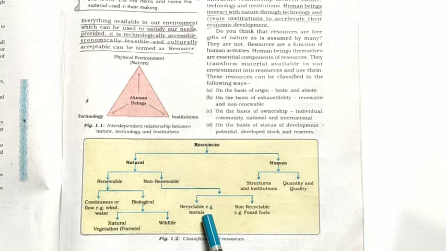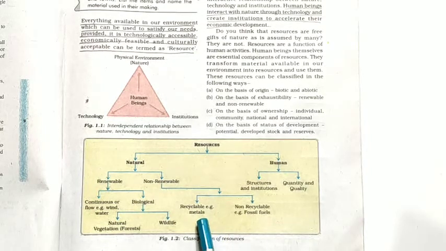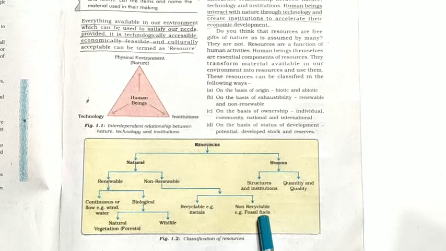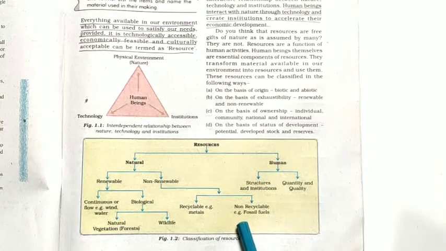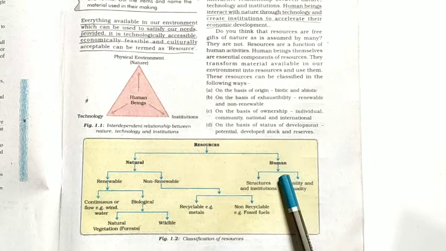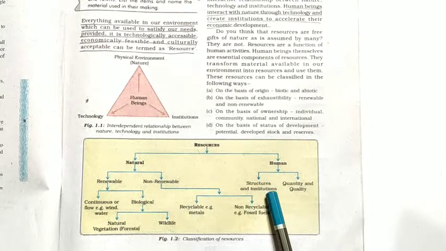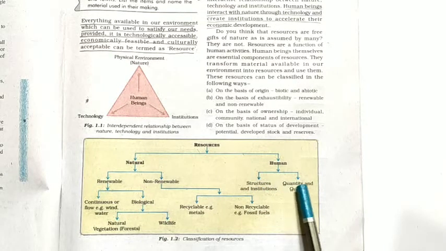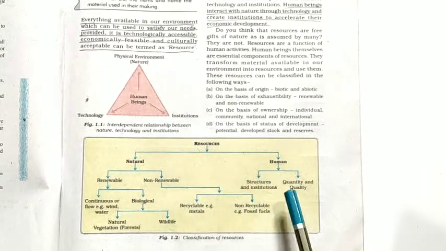Metals can be transformed by melting the metal and turning it into any weapons or tools. And non-recyclable, for example, is fossil fuels. Fossil fuels once used are used up, so they are non-recyclable. And under humans come two types, that is structure and institutions, and quantity and quality. We will learn about this further in the chapter.